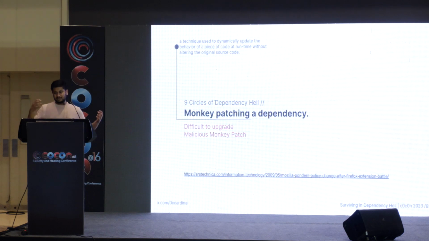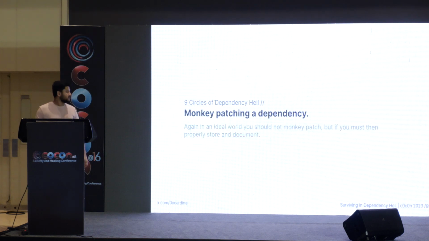Now there are again problems with monkey patching. It's difficult to upgrade the software because, let's say, developer A has done some monkey patches, and if some other developer tries to see what patches have been made, it would be very difficult for them to understand. And there is always a chance that there can be malicious monkey patches and you won't even notice because of the huge code base.